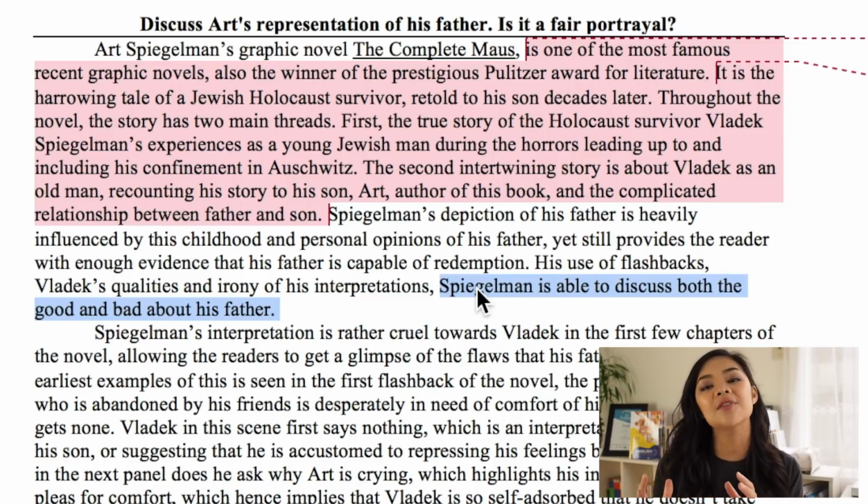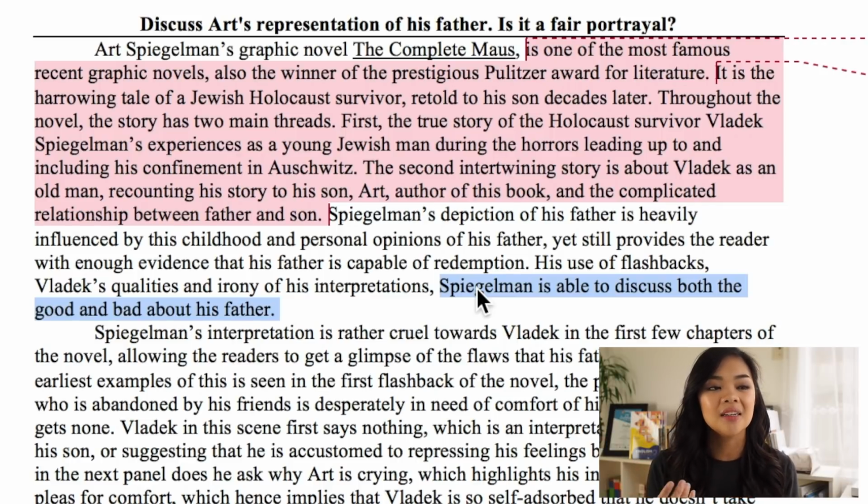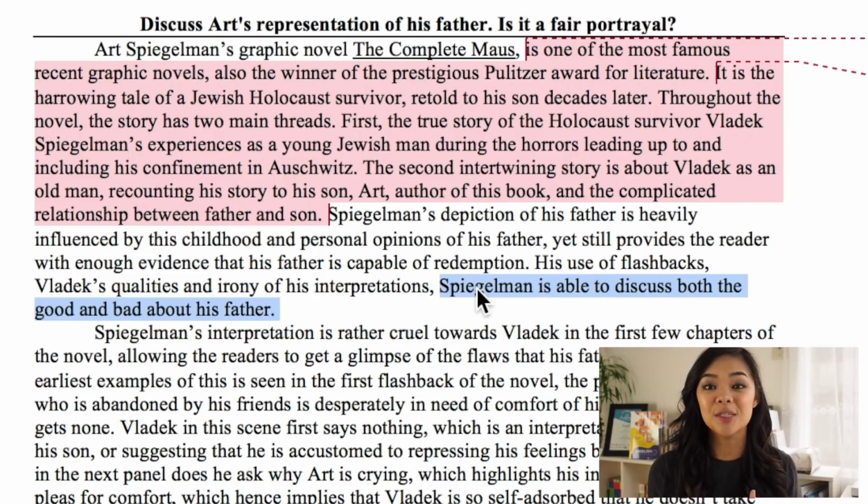So I can see how that links to fair portrayal. It's fair because he sees the good and the bad, but we want a more explicit statement. So is it a fair portrayal? Use the keyword fair. Use the keyword portrayal. I think a lot of students out there are really scared of using keywords. Please don't be.